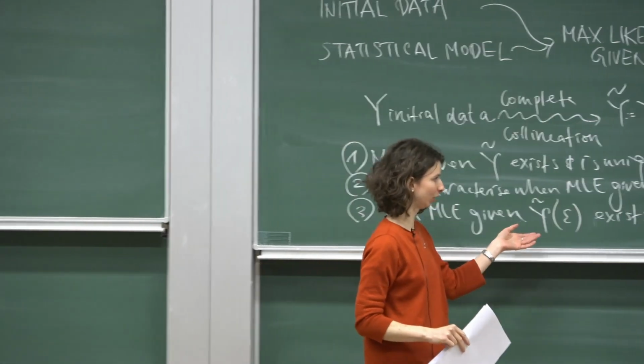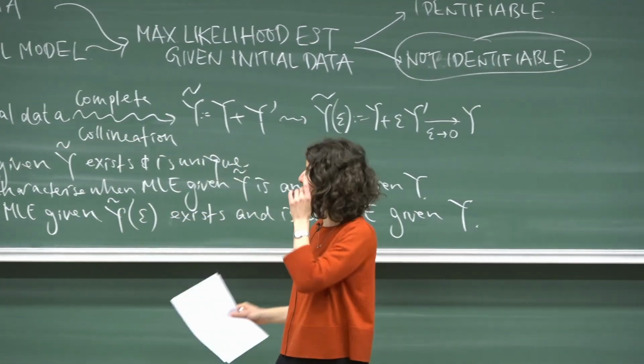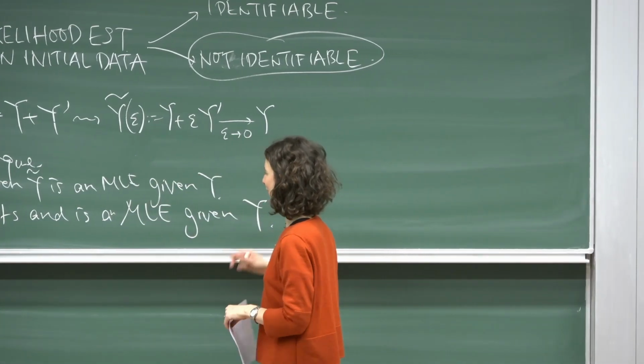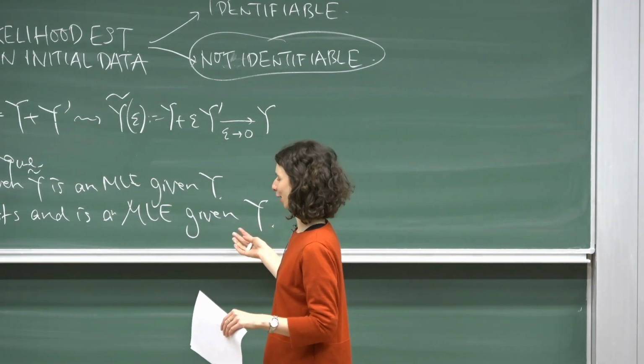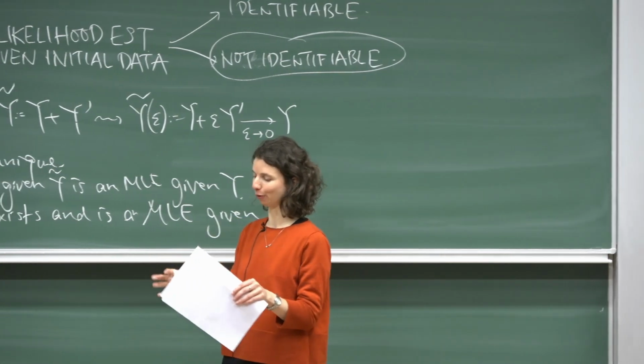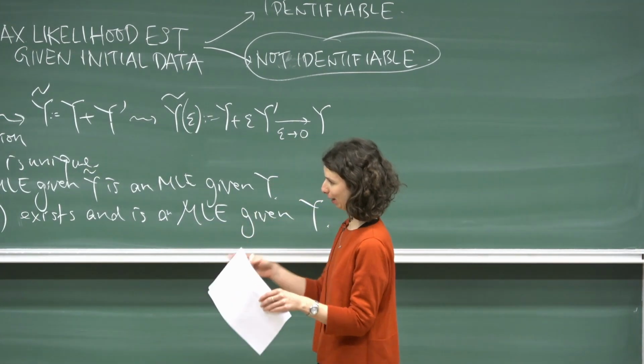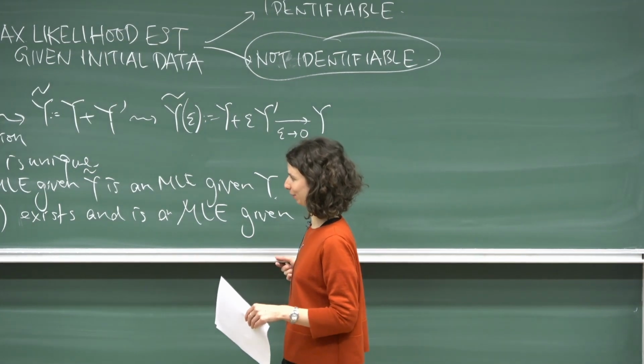And of course, this only makes sense if there exists at least one MLE given y. But if one doesn't exist, then you can restrict to the components of the MLE that actually do always exist, I'll explain this later, and the result remains true for that part of the maximum likelihood estimate.